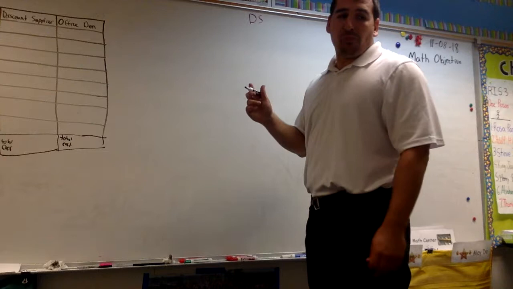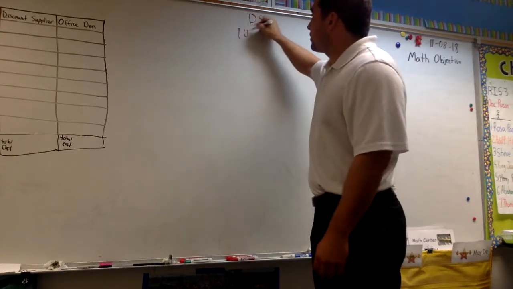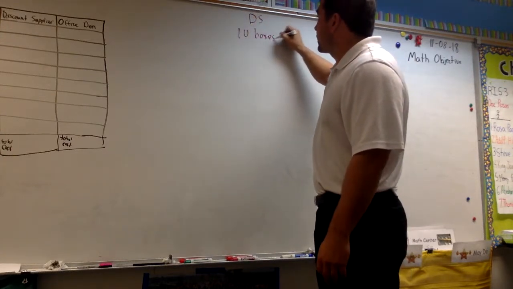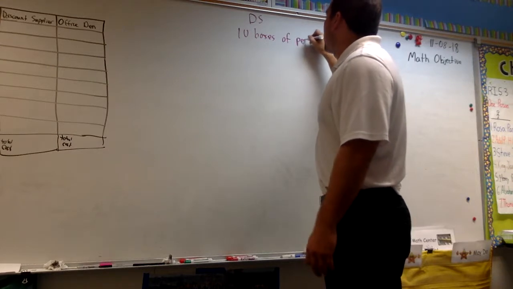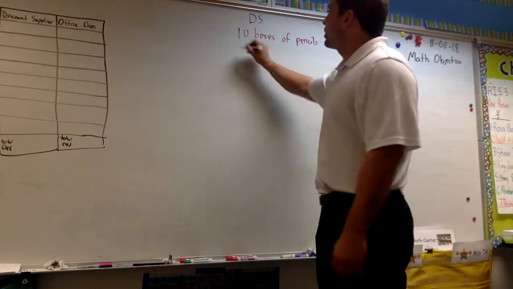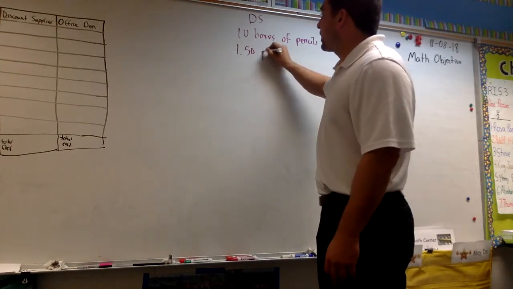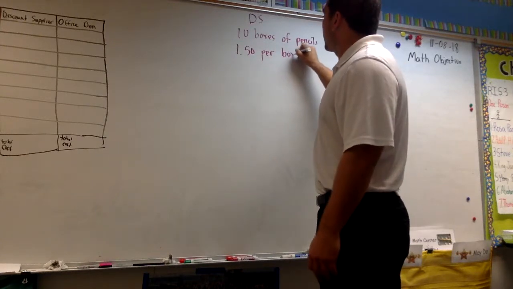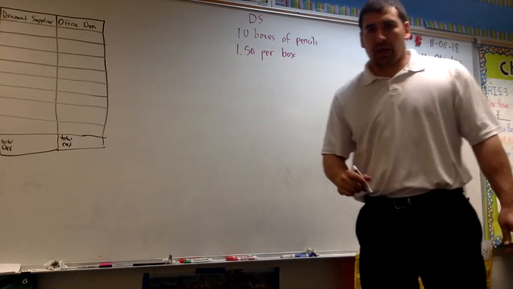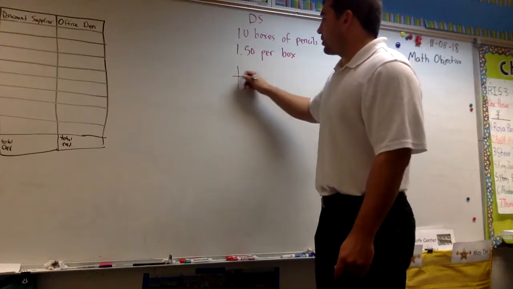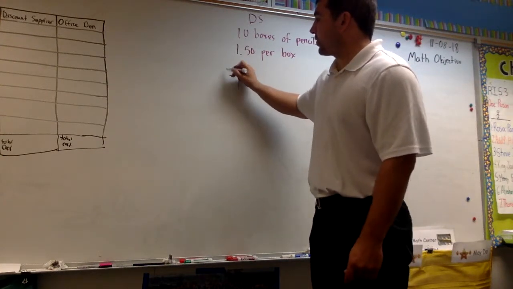Okay, so 10 boxes of pencils, $1.50 per box. Well, that means I like making a ratio table for this.